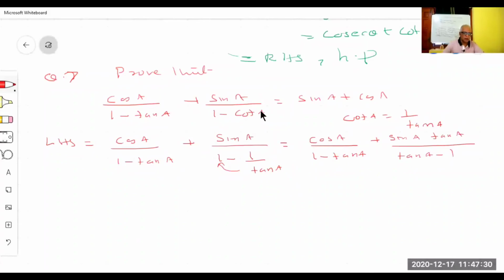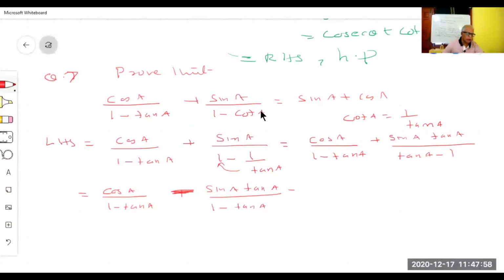Now take the negative outside from this step. So what we will have is cos A by 1 minus tan A minus sin A into tan A by 1 minus tan A.